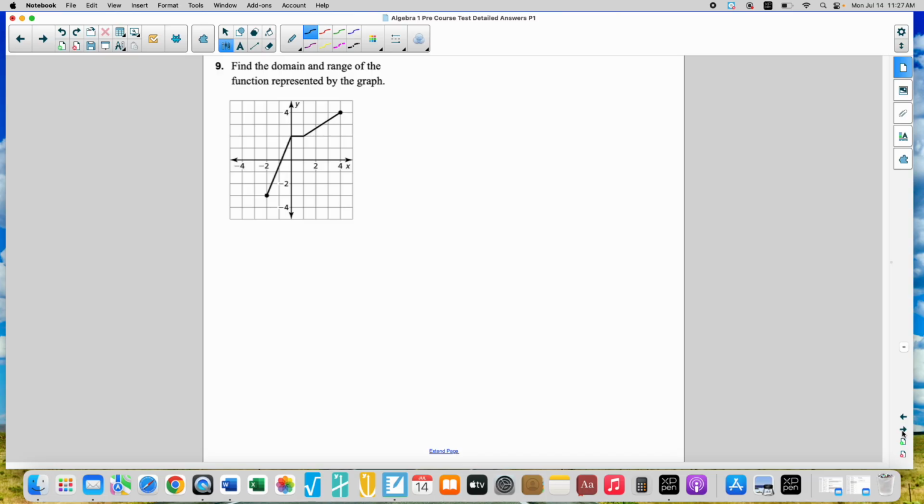Find the domain and range of the function represented by the graph. Well, domain, remember that means your x values, and range is your y values. So what is the set of x values that you have?